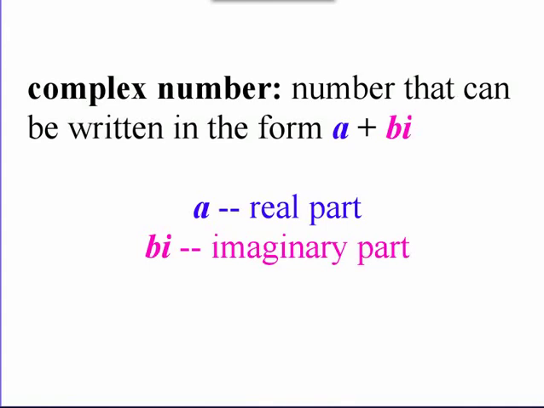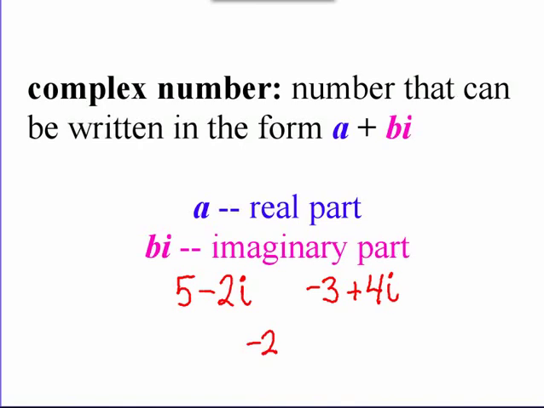So quick question. Is that a complex number? Yes or no? Yeah. Okay, what's the real part? 5. What's the imaginary part? Negative 2i. Okay. Is that a complex number? Real part? Imaginary part?